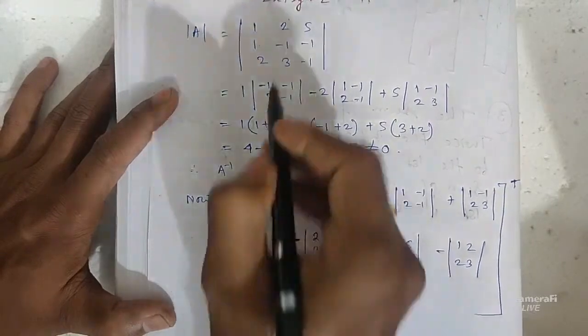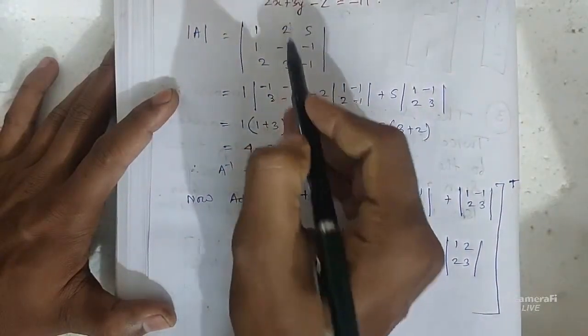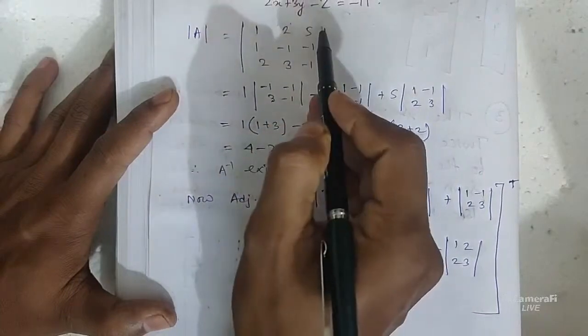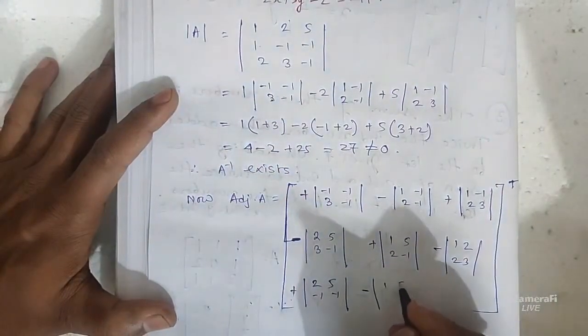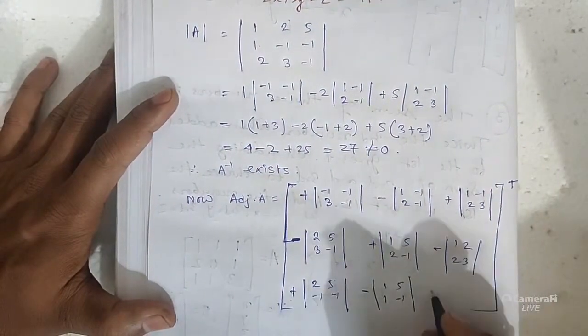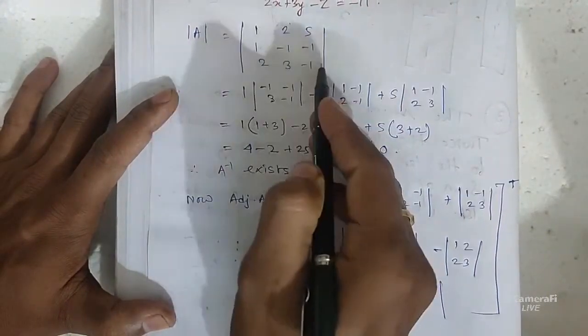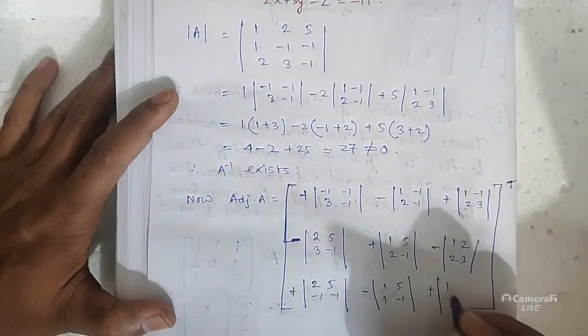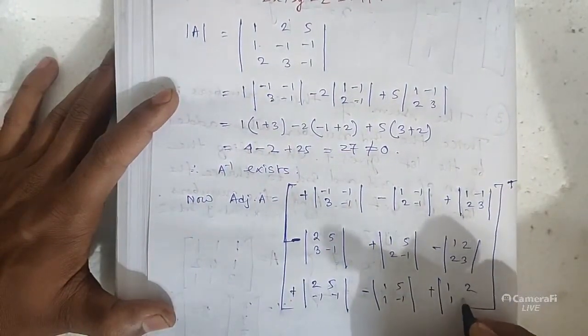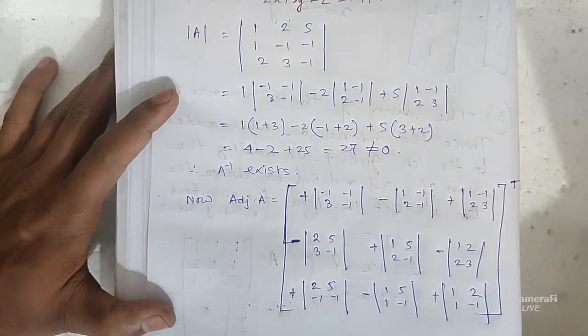Then the sign is negative for this element, the determinant of [1 5; 1 -1]. Then the sign is positive for this element, the determinant of [1 2; 1 -1].